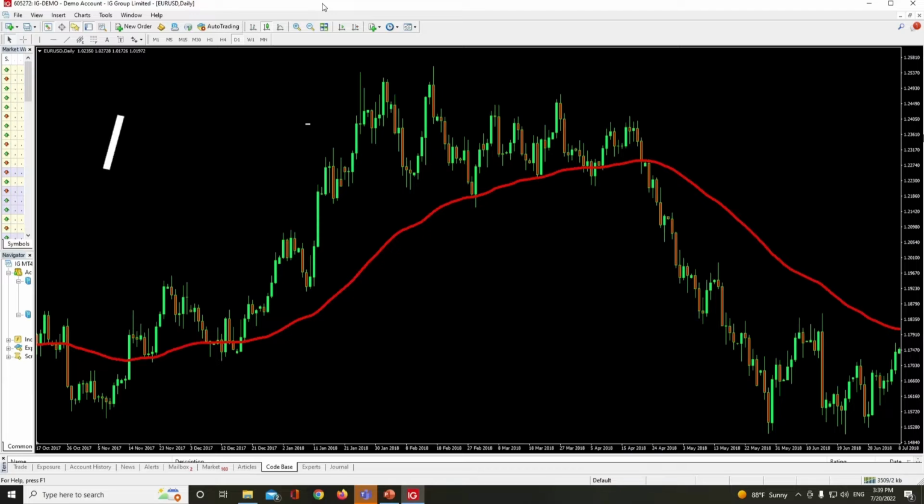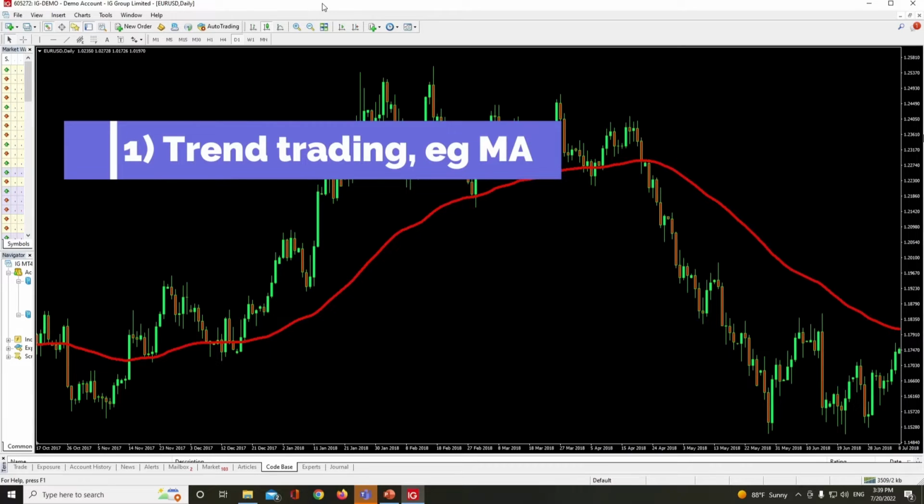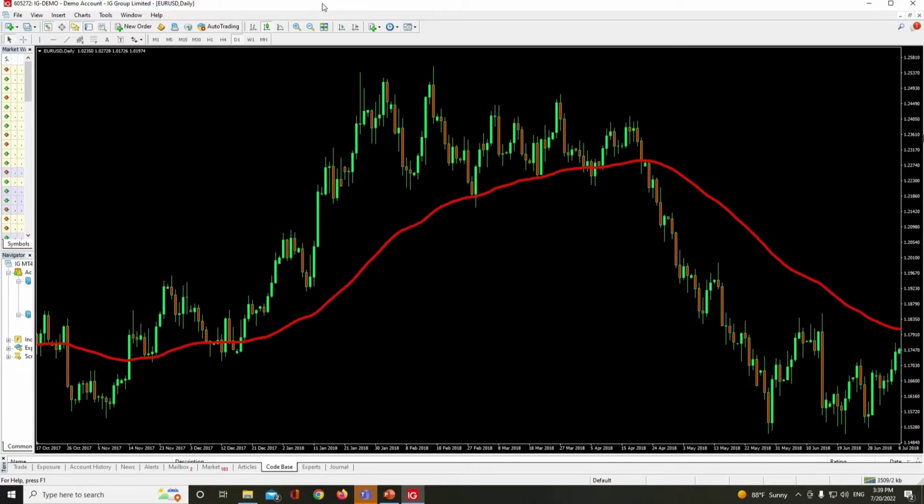First type of indicator is the trend trading indicator. This one is one of the most basic and important indicators and a very simple one to use. Remember, we won't analyze them, but you can find all the information if you want to go deeper in the useful links in the description of this video. So, it does what it says, it follows the trend.